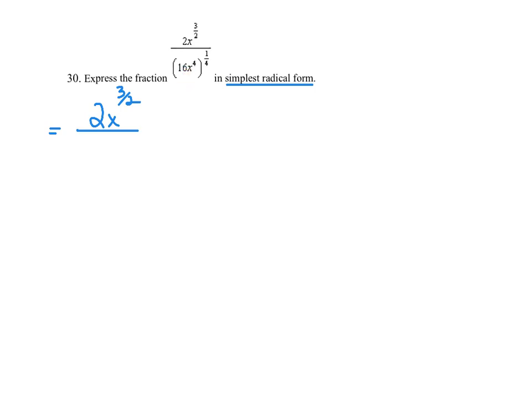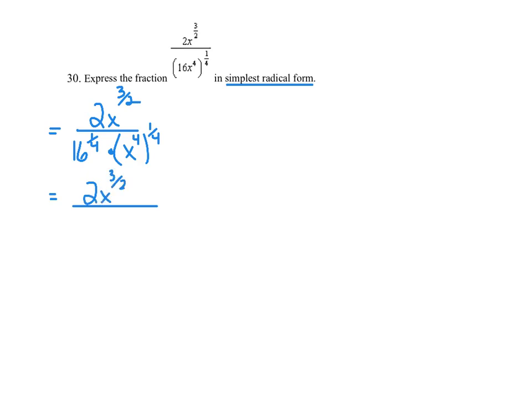So what I'm going to do is split that up. So we're really doing 16 to the 1/4 power multiplied by x to the 4th, and then that to the 1/4 power as well. That makes sense? I just split that up. All right, so now let's keep the numerator because there's not a whole lot I can do with that at this moment.